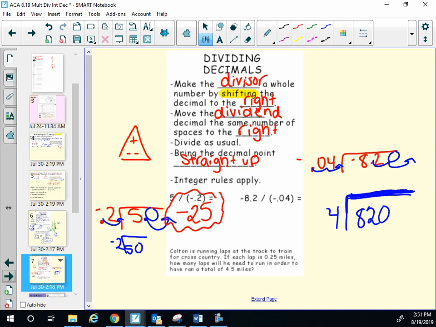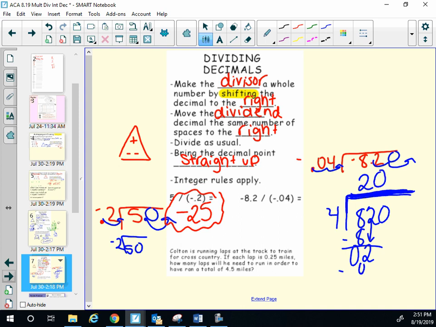Can 8 be divided by 4? How many times? 2. Please make sure that you are copying down the notes. I will bring down the 2. Can 2 be divided by 4? Let's bring down the other zero. Before I bring down that other zero, I have 2 divided by 4 is 0, so I'm going to have to put a 0.